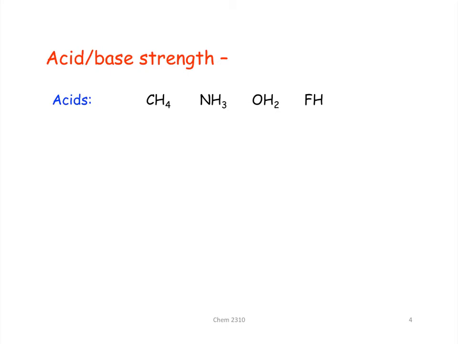So we have methane, which is here, we have ammonia, we have water, and we have hydrofluoric acid. To compare the acidities of these four different compounds, what we want to do is consider the stabilities of their conjugate bases. So the first thing that we should do here is to draw out their conjugate bases.